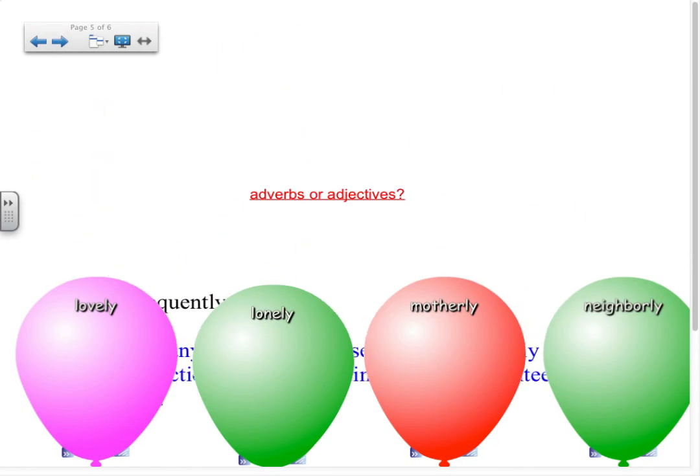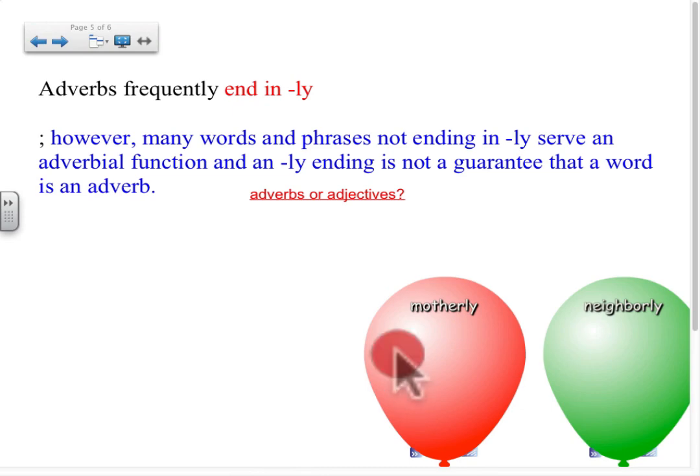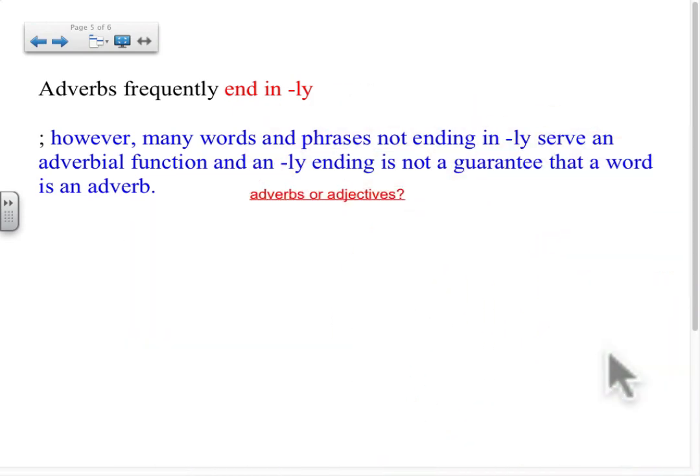One of the biggest misconceptions is that all ly endings are adverbs. However, many words and phrases not ending in ly serve an adverbial function, and an ly ending is not a guarantee that the word is an adverb. Something to remember: lovely, lonely, motherly, and neighborly are not adverbs; they're adjectives and serve a different function.